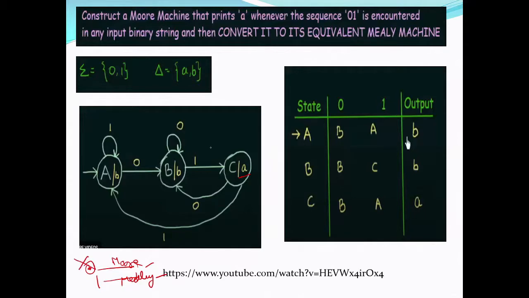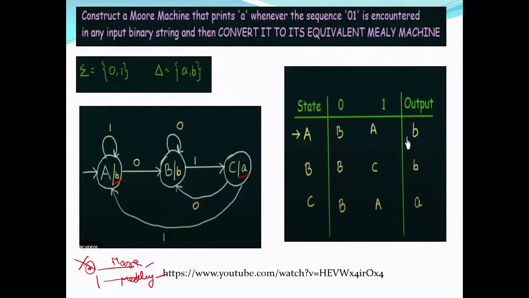Now, how do we get it? So what we do is, for example, you look at this in the Moore machine. Suppose A on 1 is going to A, and this state is producing B. So in the Mealy machine, this transition, whenever you make it, you are coming to A and producing the output.